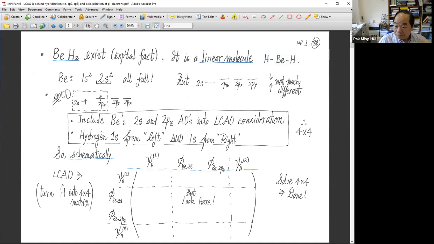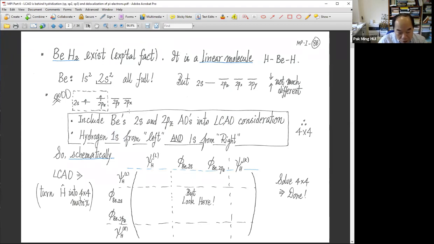So that motivated us to include for the beryllium 2 AOs, a 2s and a 2pz, into the LCAO consideration. Then at the same time, hydrogen will have a 1s, but we have 2 hydrogens on the left and on the right. So let's do some accounting.